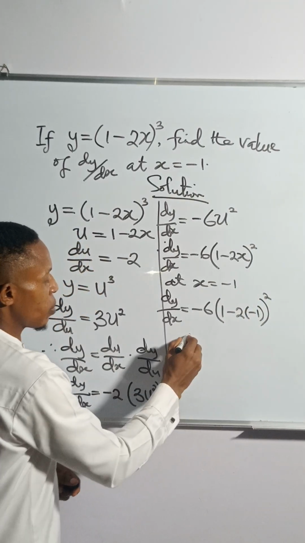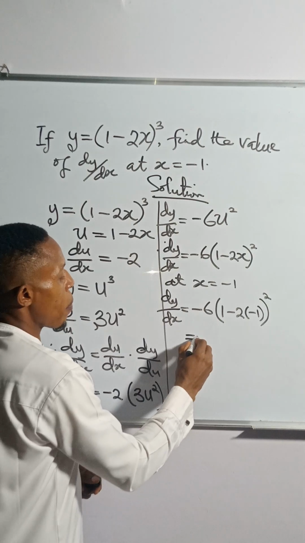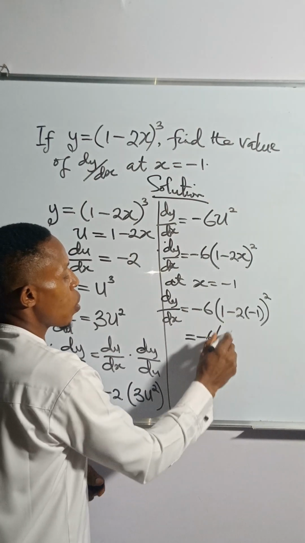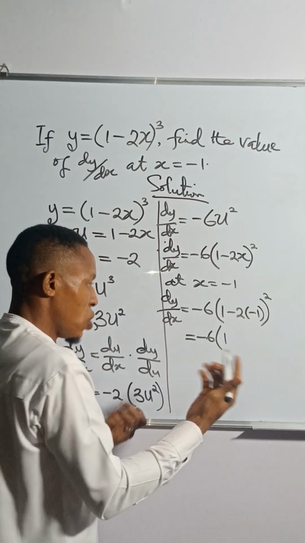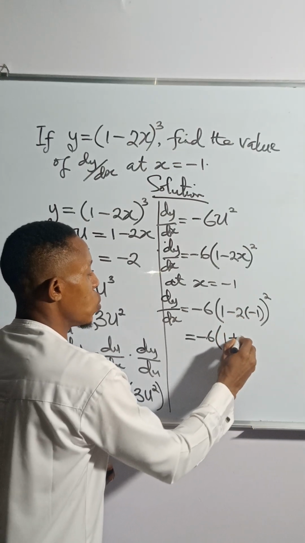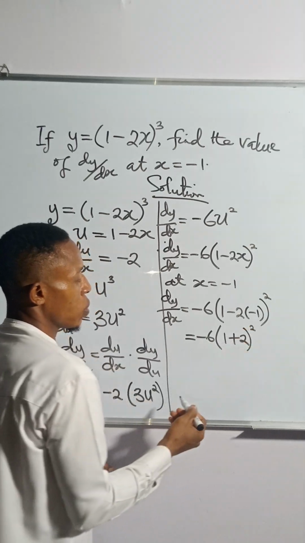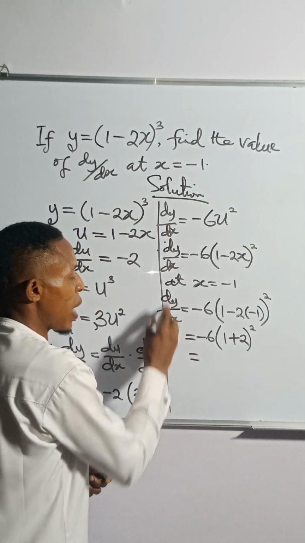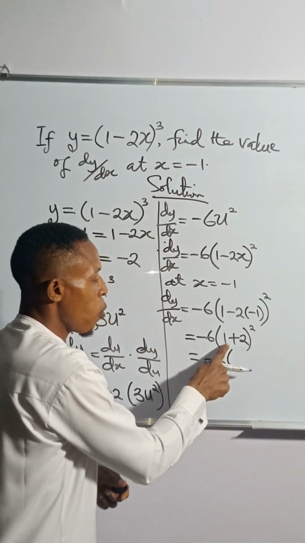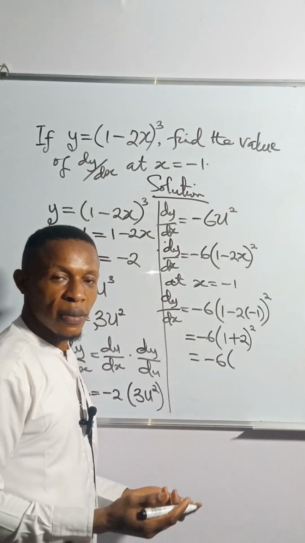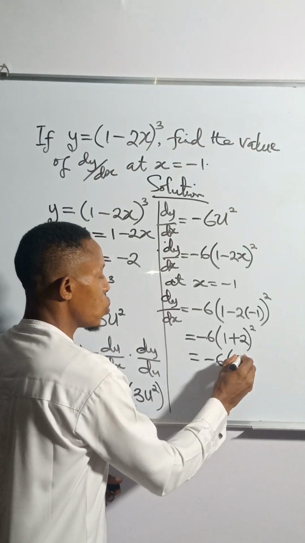Let's break it down. This will give us minus 6 times (1 minus 2 times minus 1, which is plus 2), so we have (1 plus 2) all raised to power 2. This gives us dy/dx equals minus 6 times 1 plus 2, which is 3, raised to power 2.